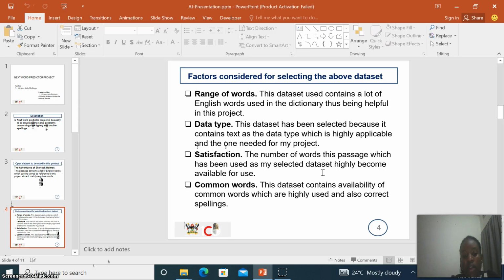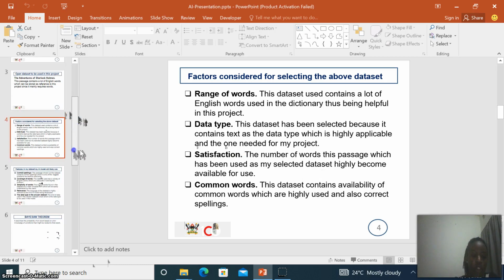And again, I considered the words which are in this dataset, the passage which I used, and the words which are in this passage, they are commonly used by people and also can be used to solve the spelling problems. So those are the factors I considered.